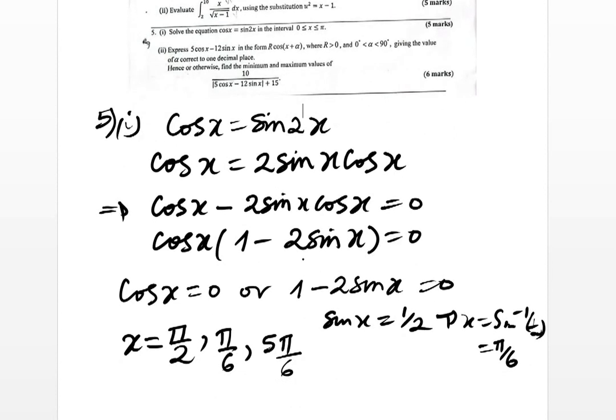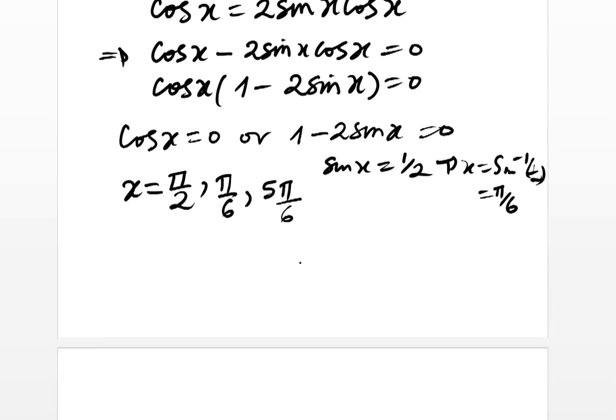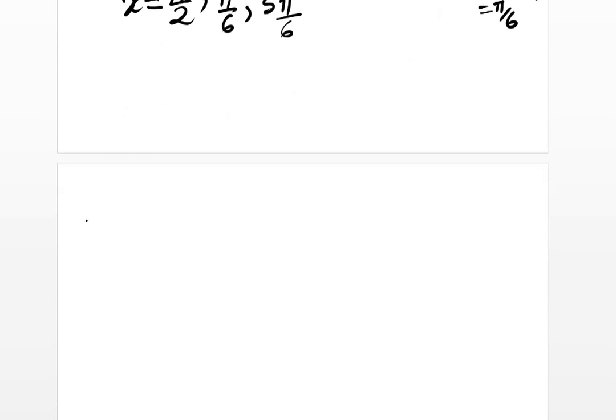Now we equally have the second part, which is directing us to express in the form r cos(x plus alpha). That's the Roman 2.